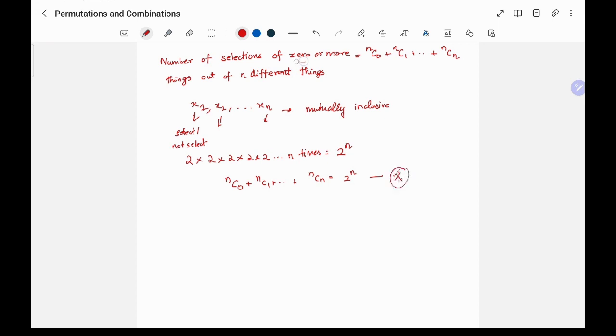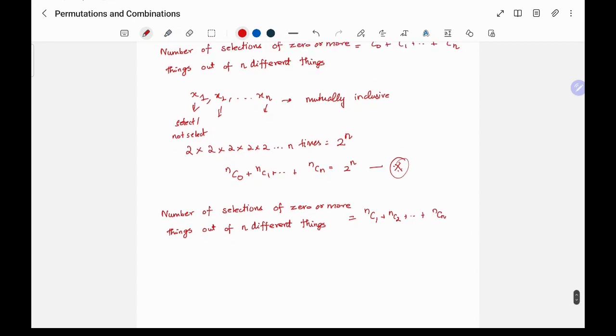So instead of 0, if I have number of ways of selecting one or more things, then what will I have? nC1 plus nC2 up to nCn, right? So the other way of seeing it is you just need to shift this to the other side. This is nothing but 2 power n minus nC0. nC0 we already saw, nCn is equal to nC0 is equal to 1 for any n.